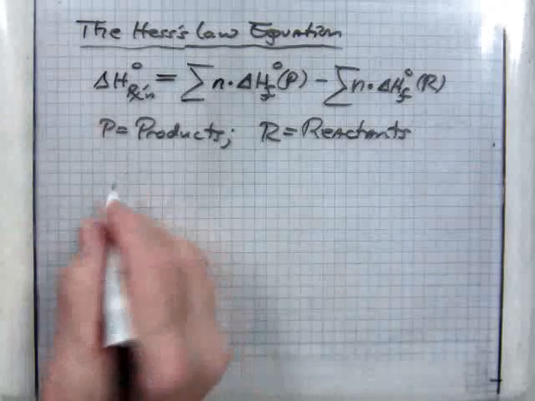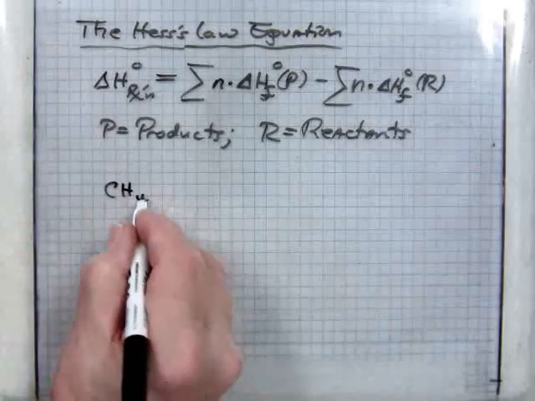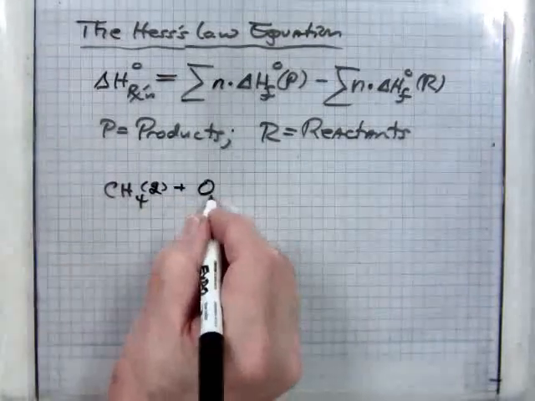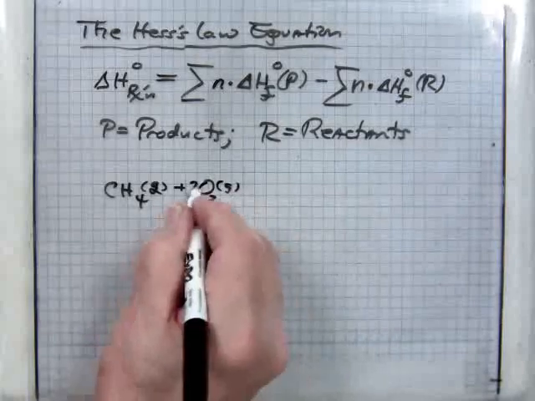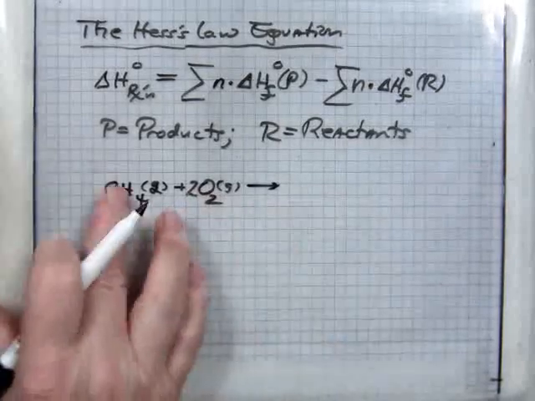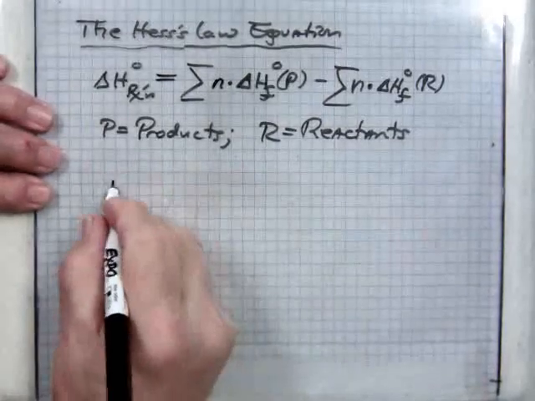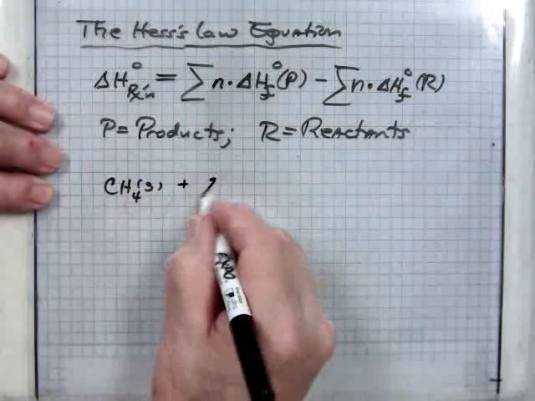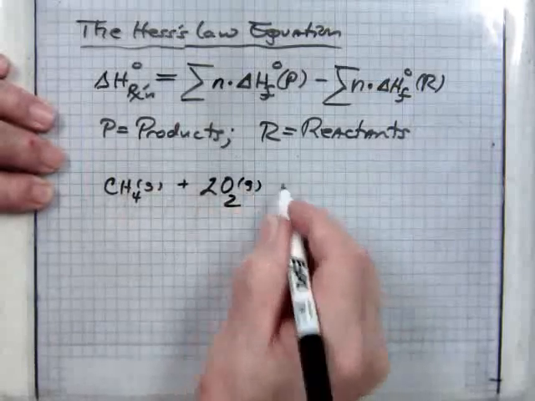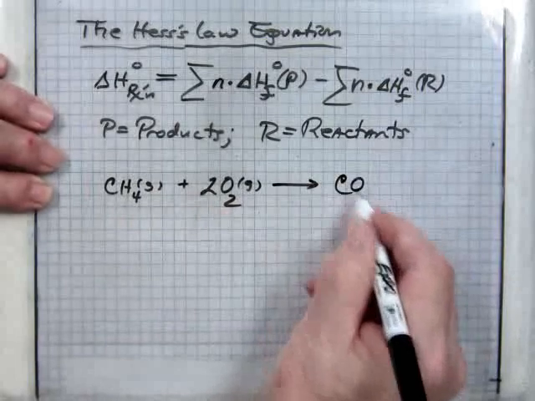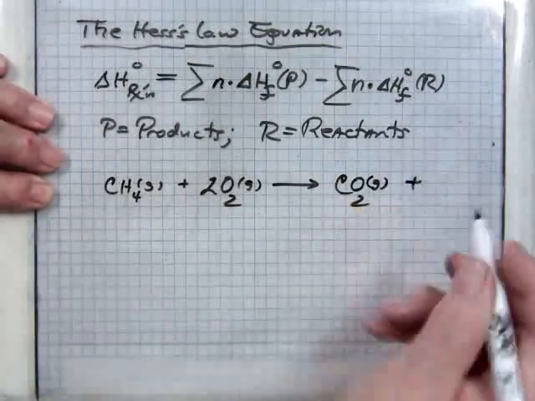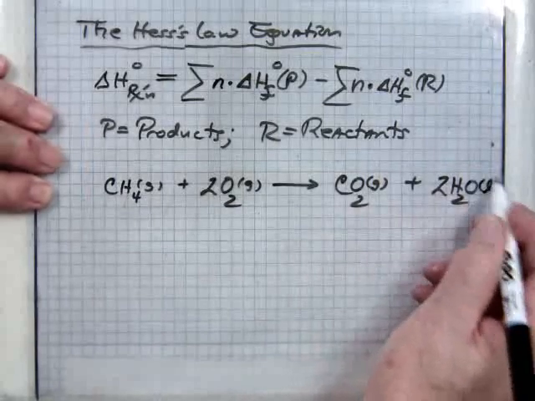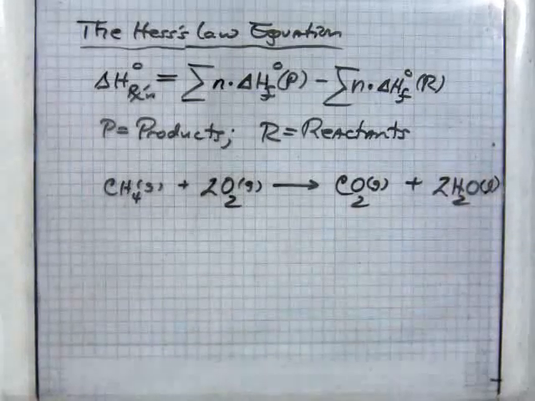Okay, so methane combustion goes to, let me spread this out, forgive me: CH4 gas plus 2 O2 gas goes to CO2 gas plus 2 H2O, liquid. We'll make it a liquid in this particular case.